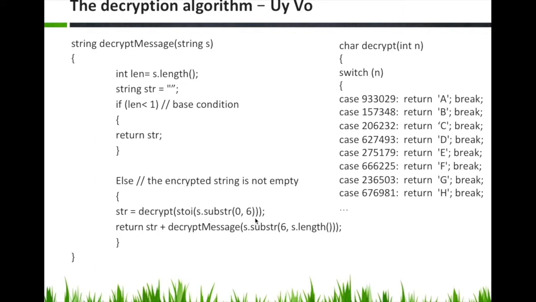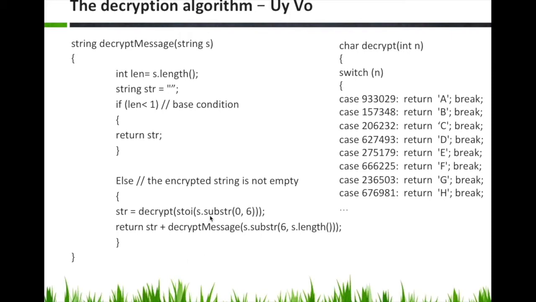This function is in the string library, which we include in the beginning of the code. This substring function has two parameters. The first parameter is the start position, and the second parameter is the number of elements which we want to get out.